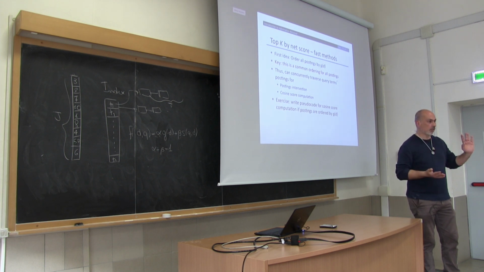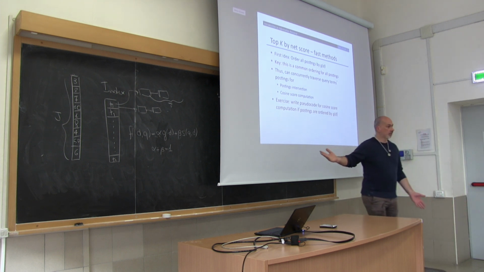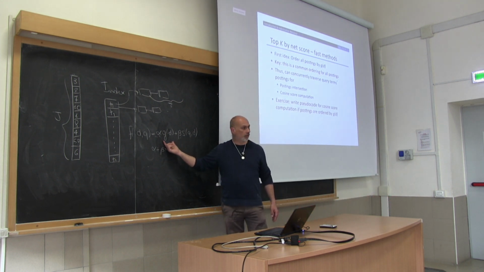Normally, documents are sorted by doc ID, just because that's a common criterion. But now, maybe we have another common criterion, because the very moment I apply to every document a static score, I can define an ordering with respect to the score, right? Do you see what I mean? Are you getting me?